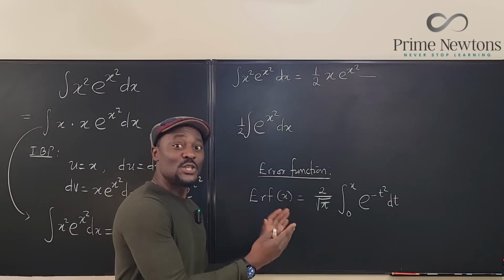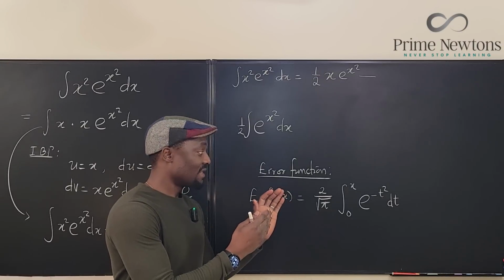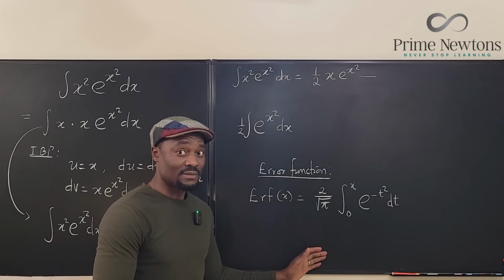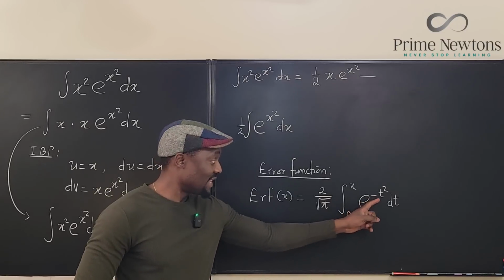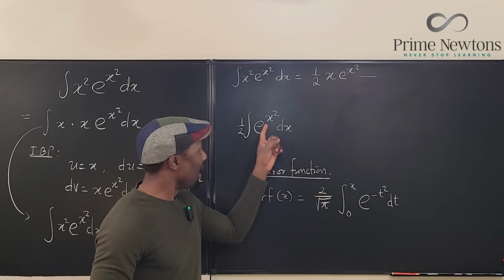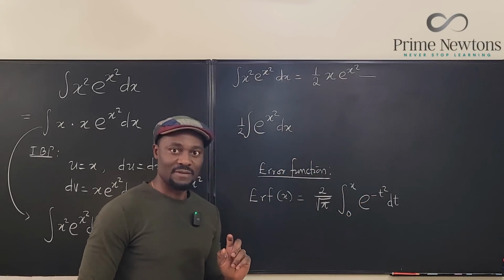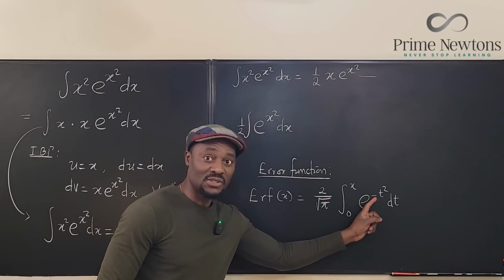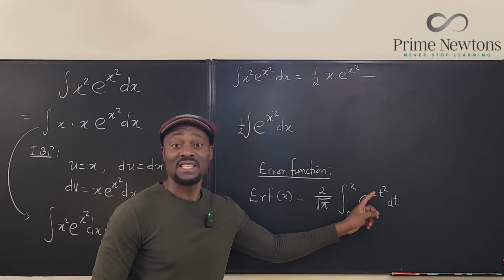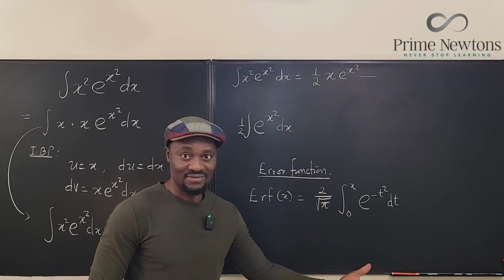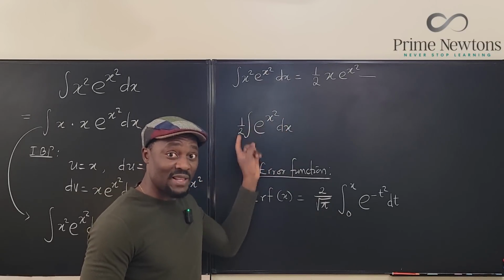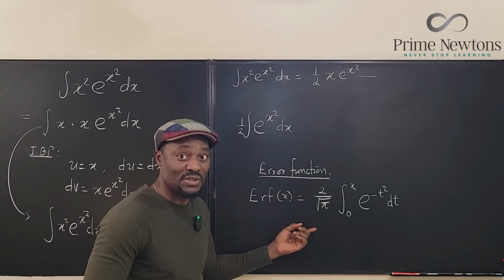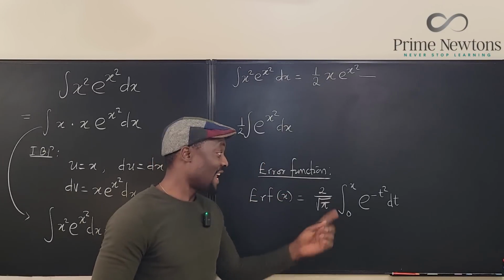And this is only useful when x is real. And when x is real, there has to be a minus here. If there is no minus here, then x is not real, x is imaginary. So the only way we can evaluate this integral using the error function is if we acknowledge that x is not real.